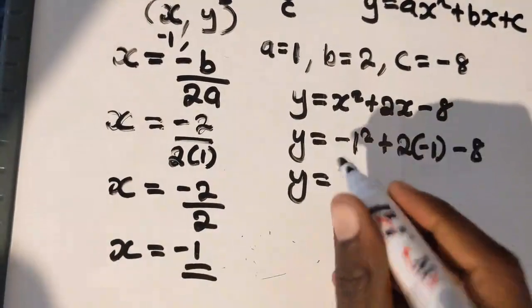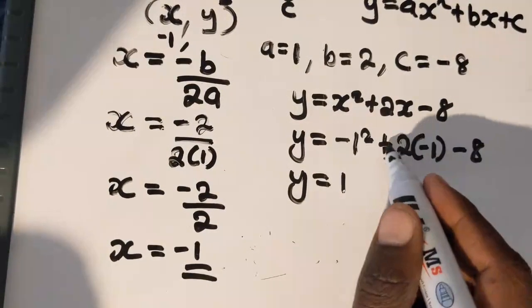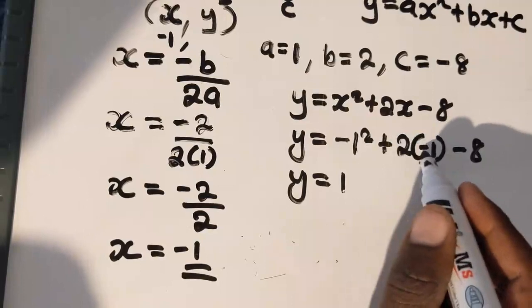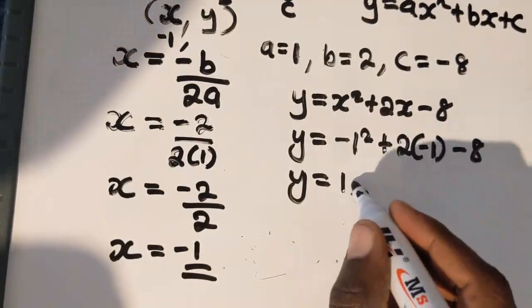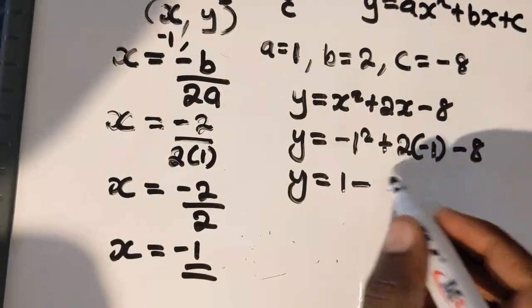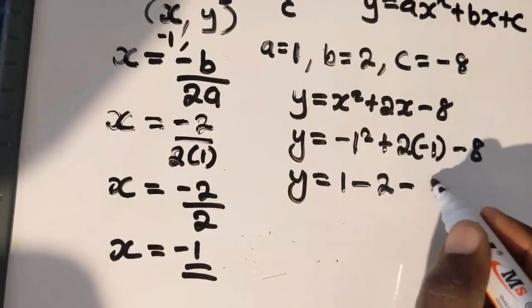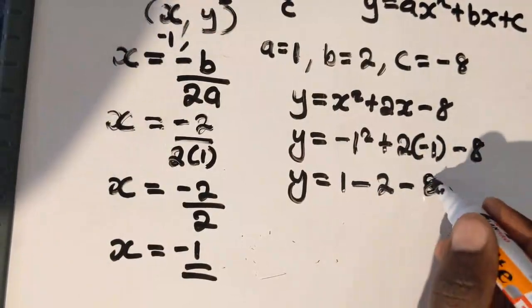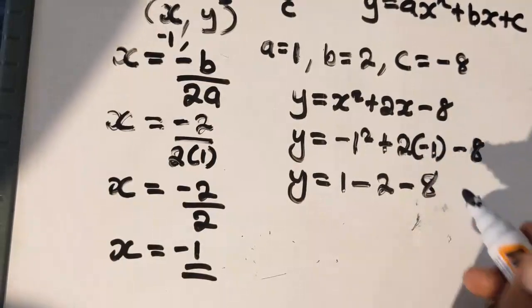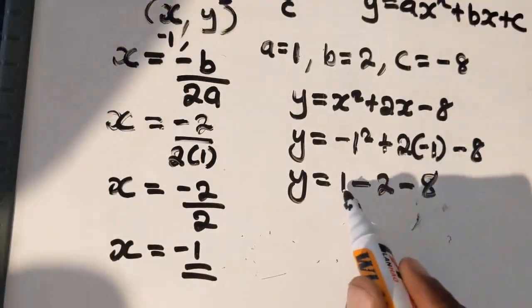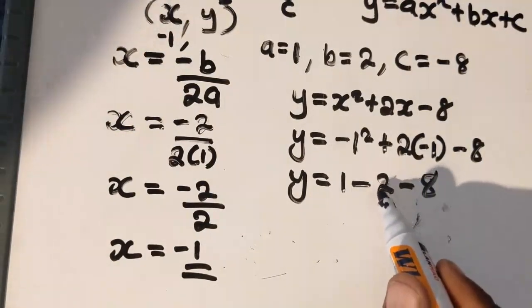So you put positive 1. Then positive 2 multiplied by negative 1: positive times negative is negative, 2 times 1 is 2. Then here there is negative 8. So 1 minus 2 is negative 1.